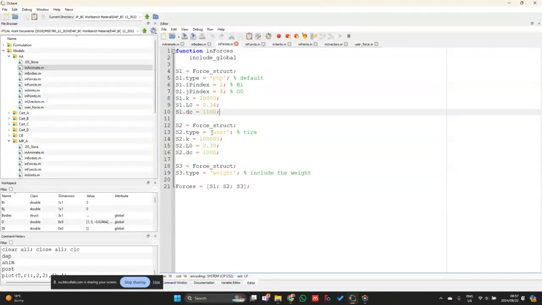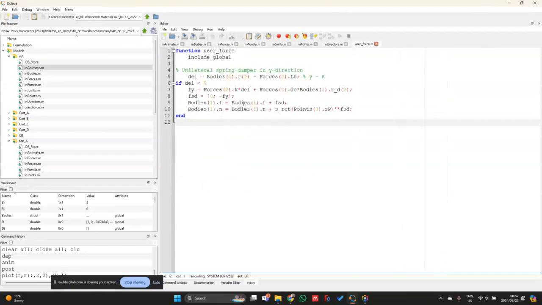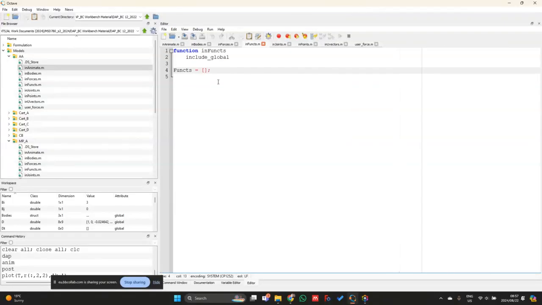Okay, and then the second force that I have is then the user supplied tire force. So if I go back to user force, you'll see that this is essentially the same as what I had for the double A arm suspension system. Okay, in funct is still an open list over here, so I don't have anything specified as a driver motor over here.